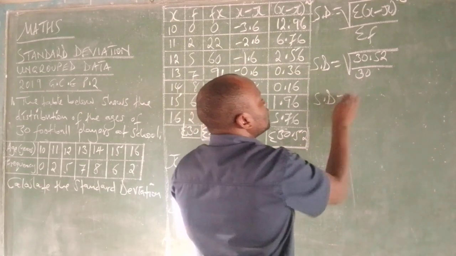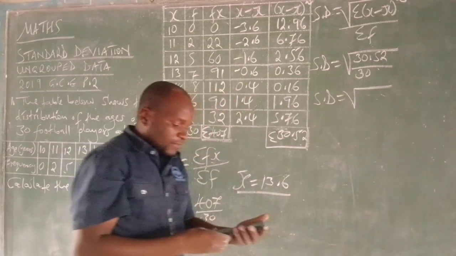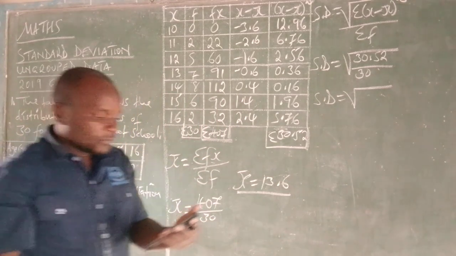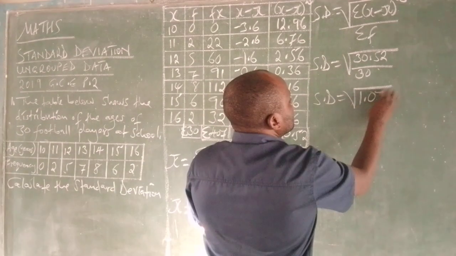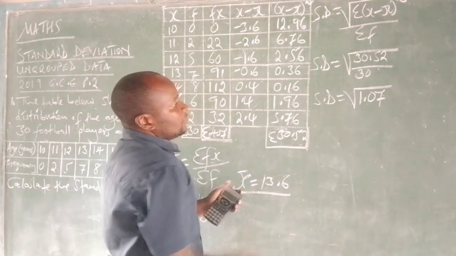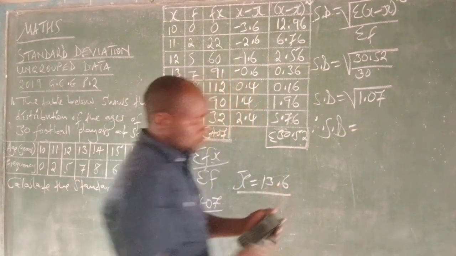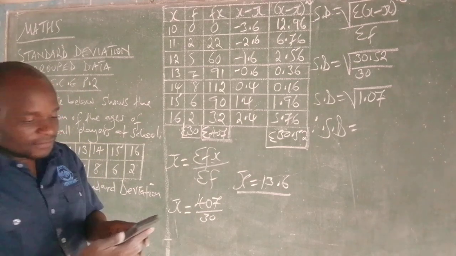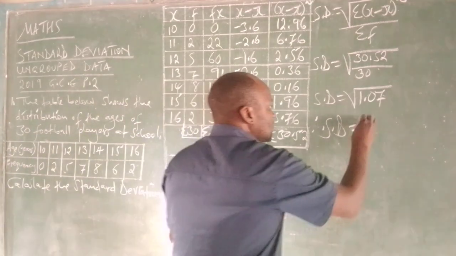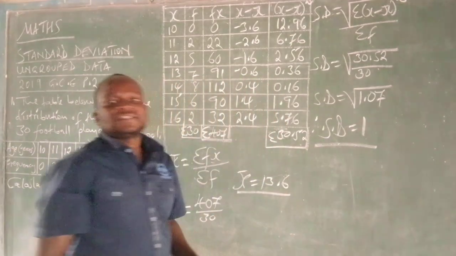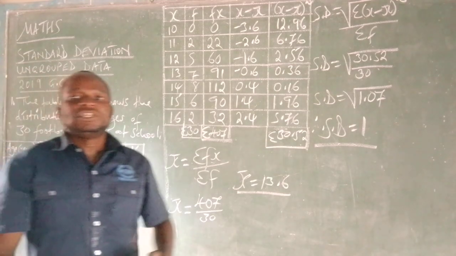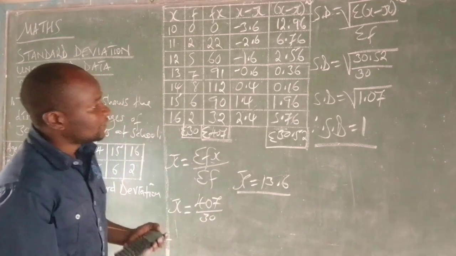We divide that figure by 30, and we are getting 1.07. Finally, square rooting what we have there gives us 1.03. So this is the standard deviation which we are looking for.